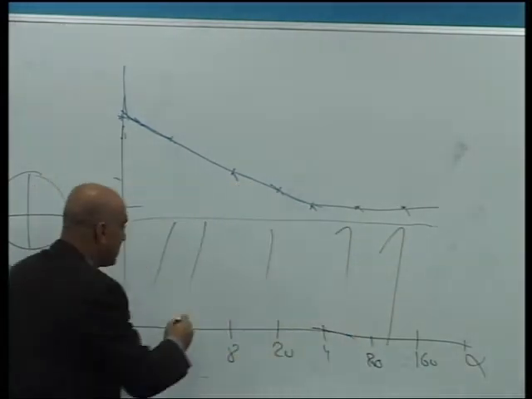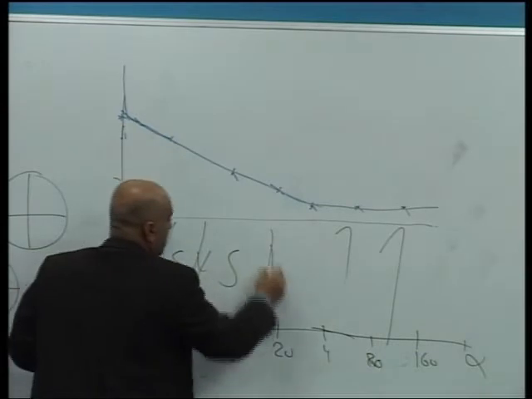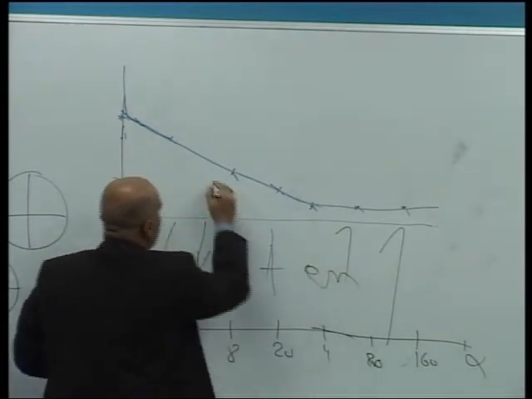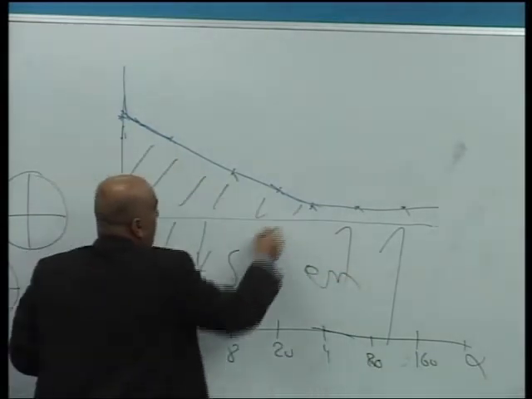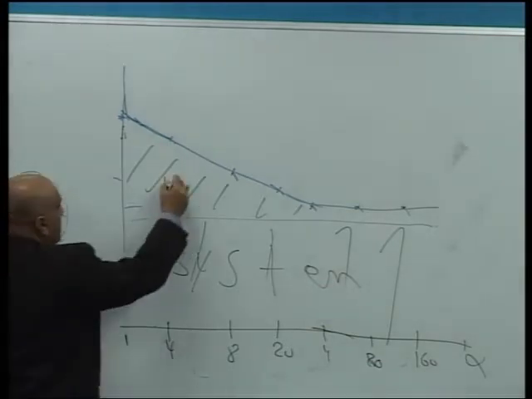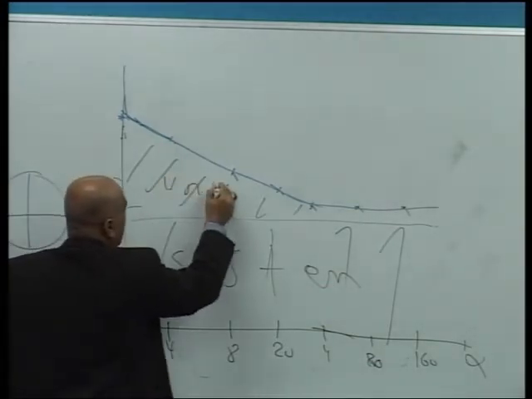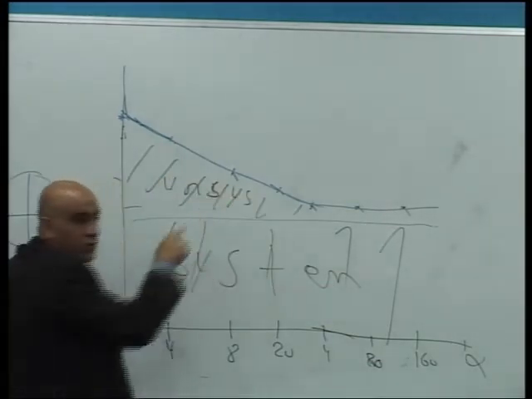This is systematic risk. So this is systematic risk. And what is this area? This is unsystematic risk. So what do you conclude in this?